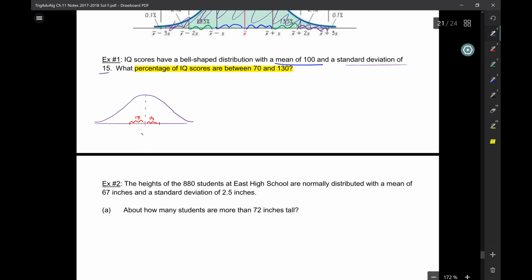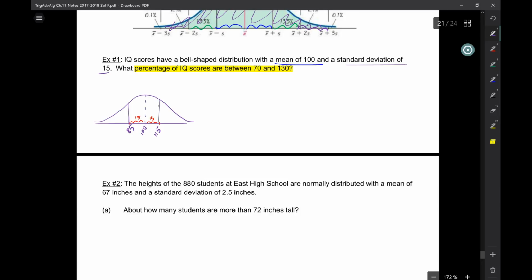If this is 100, if I go 15 to the right and 15 to the left, what points are those? 15 to the right of 100 is 115. And the one on the left? 85.